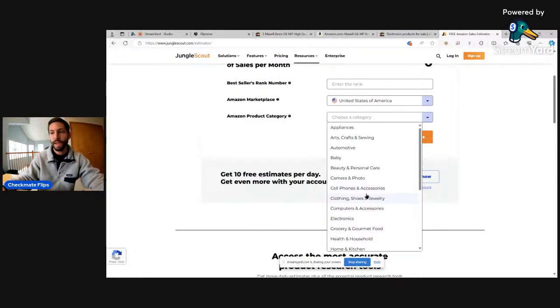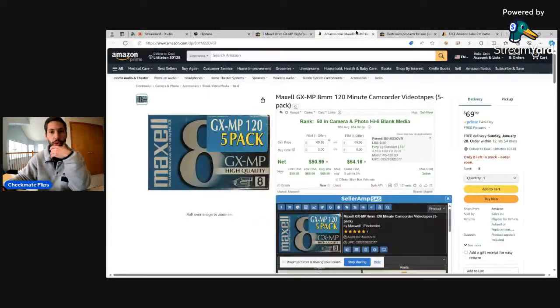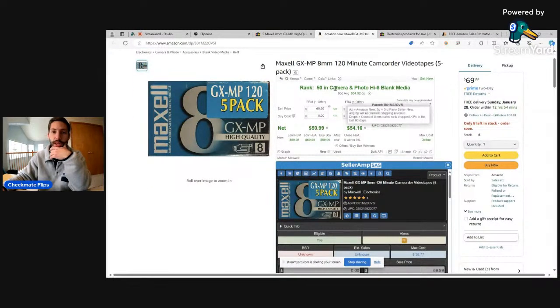And you can be pretty general with it and do pretty well. But as you get more advanced, you can be more and more specific and understand the nuances of this. And that's pretty helpful. One of the nuances is subcategories. So we're seeing 50 in camera, photo, high 8 blank media.